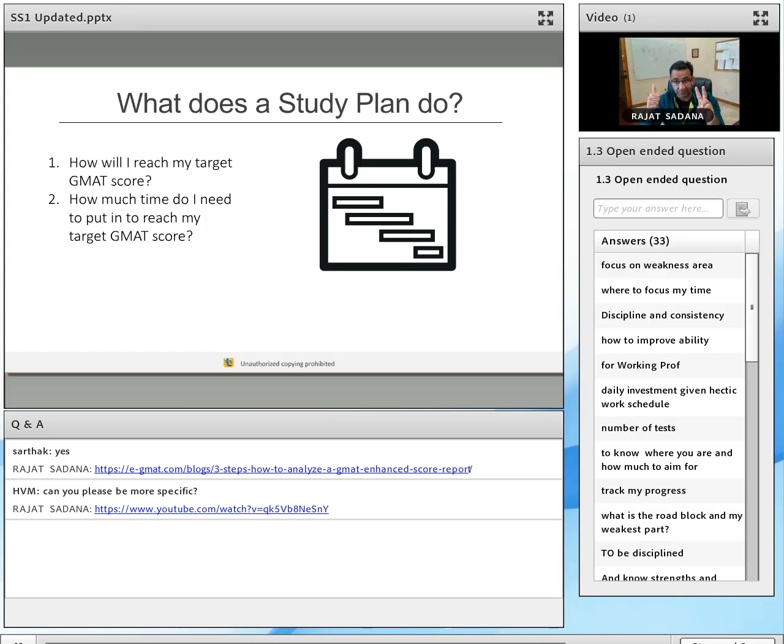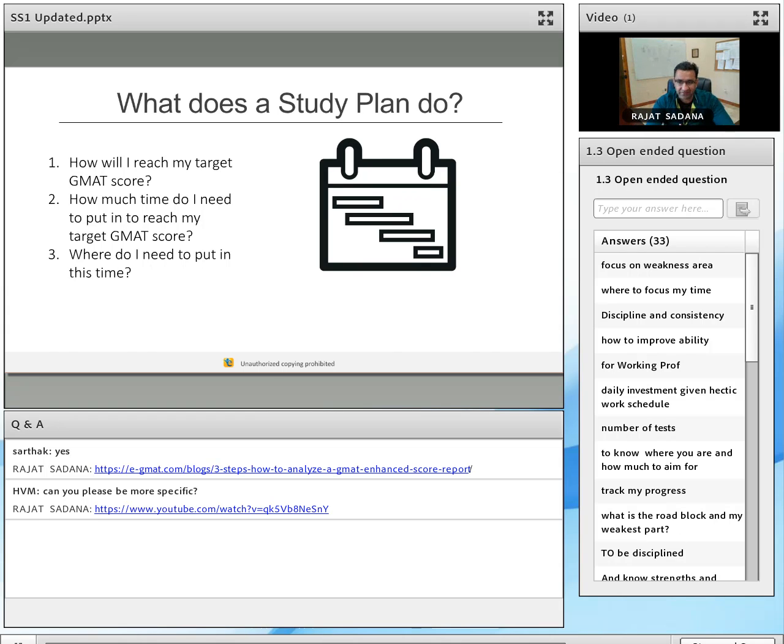So the first point tells you the milestones you need to achieve. The second is how much time, how much effort, or how much force you need to achieve those milestones. And the third piece, which is really important, is where you need to deploy that force, or where you need to put that time.